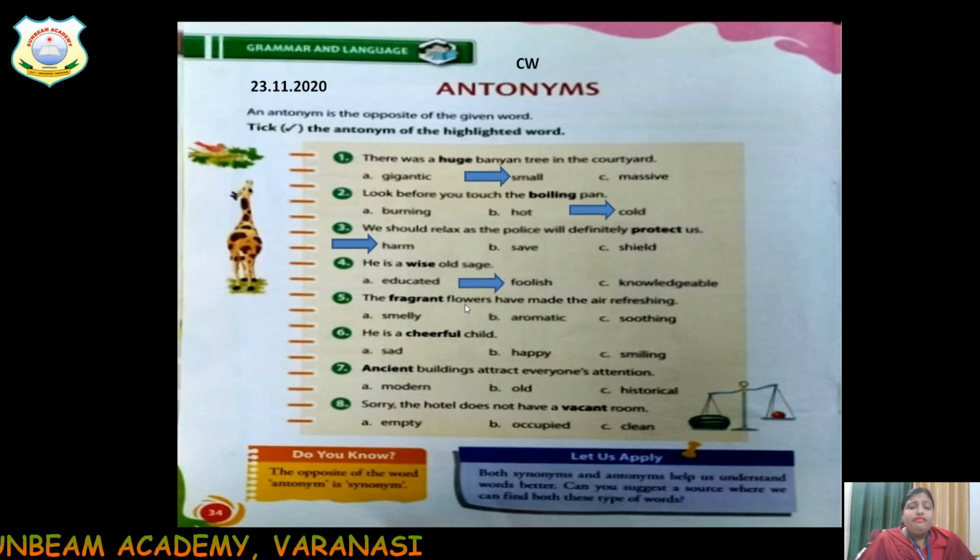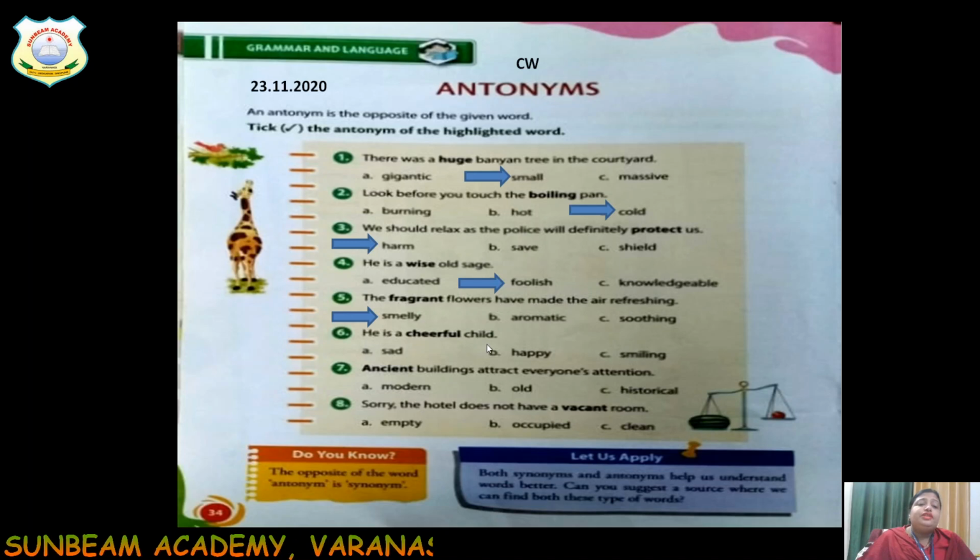What will be the opposite word? Smelly. The opposite of fragrant is smelly. So fragrant is good smell and smelly is bad smell.